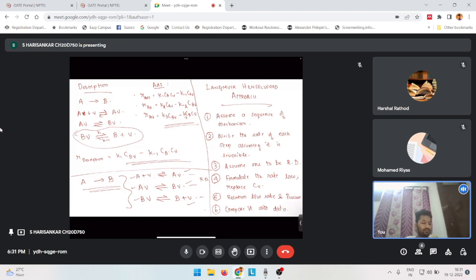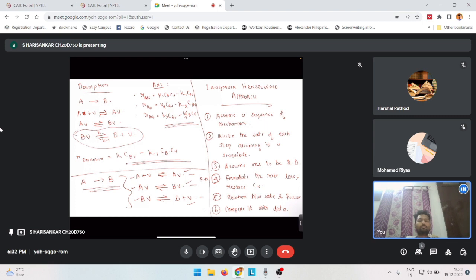Usually the last step is not required when it comes to questions specifically from GATE. You might not need to bother about that much, but the approach is pretty much the same for any case. First you assume a set of steps, then you write the rate equations for each of these steps, assuming they are reversible.